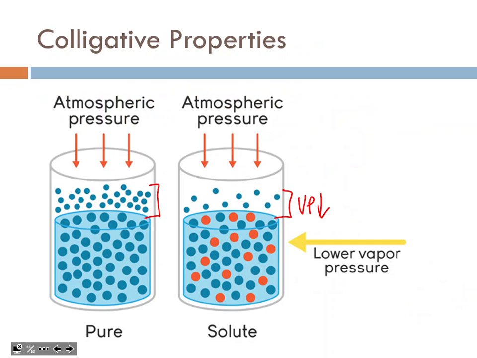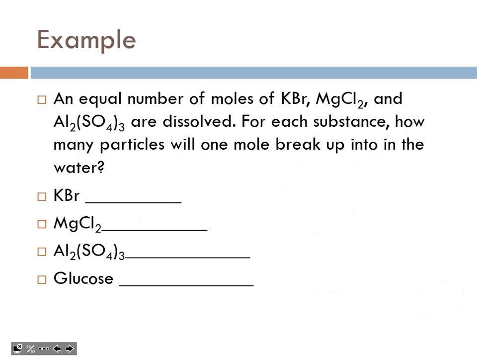It's harder to boil because vapor pressure has to equal atmospheric pressure, so you need to increase your energy to increase the vapor pressure. Therefore, it increases the boiling point. So, they tell you to put salt in your water to make it boil faster. They're completely incorrect, because that's going to make you have to use more heat to get it to boil.